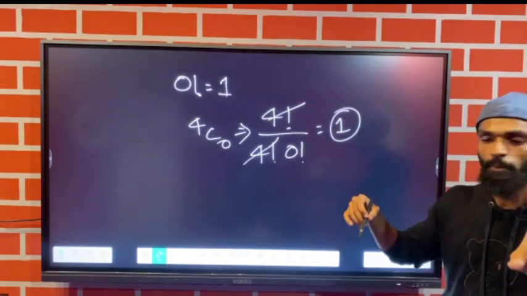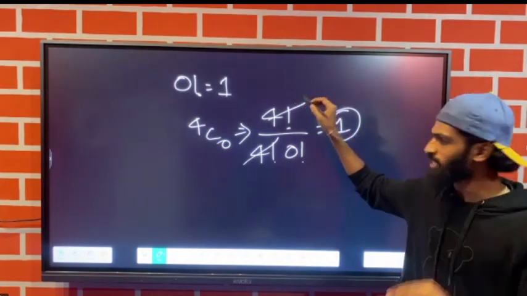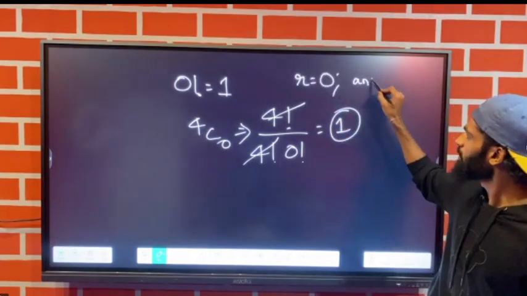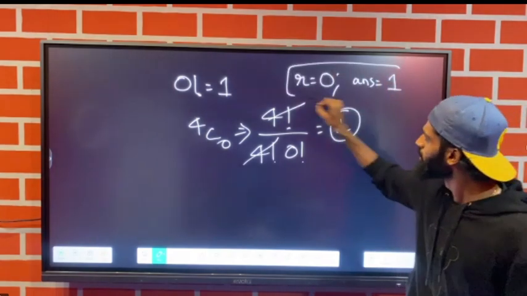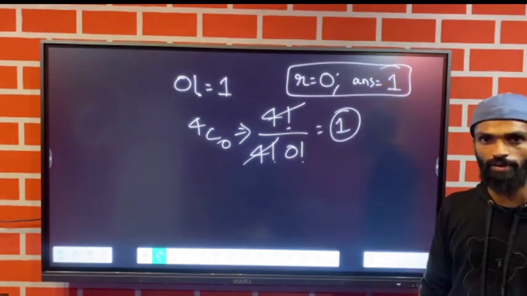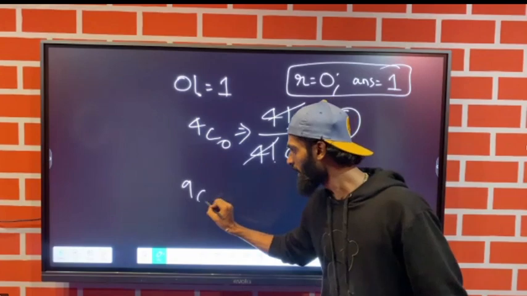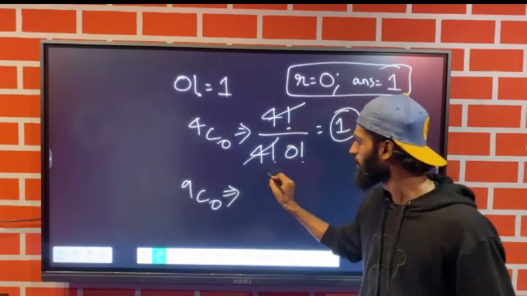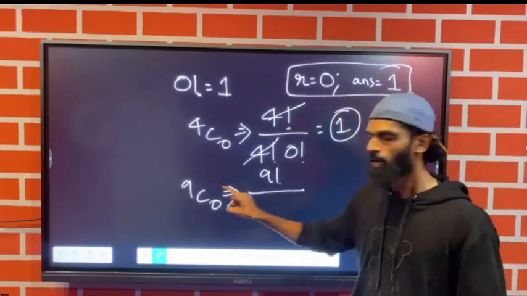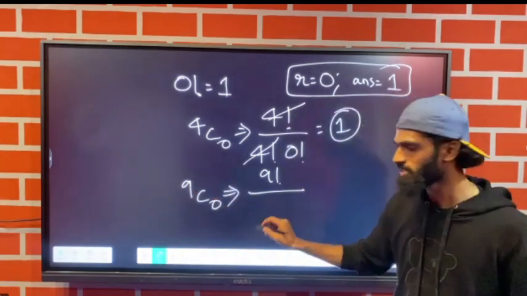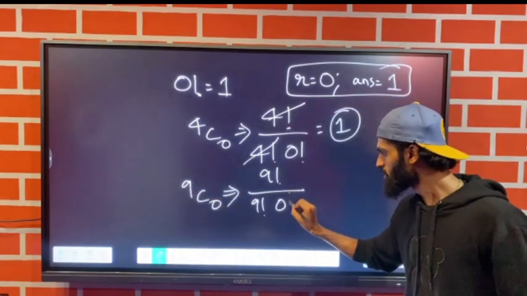According to me, what might the condition be? When r is equal to 0, then the answer is always equal to 1. This is what I feel. Let's see if it is correct. Let's try some random number, 9. 9C0 gives us 9 factorial divided by 9 minus 0, which is 9 factorial, into 0 factorial.